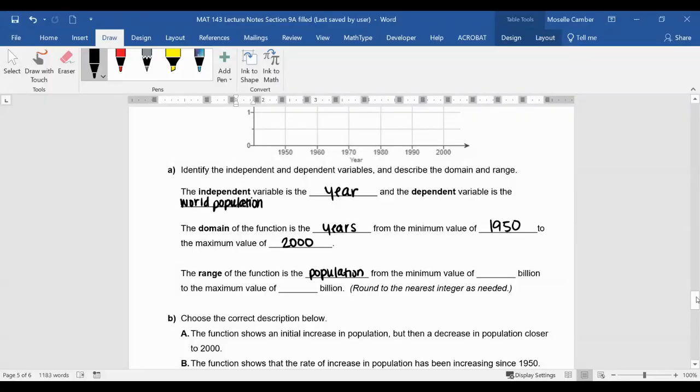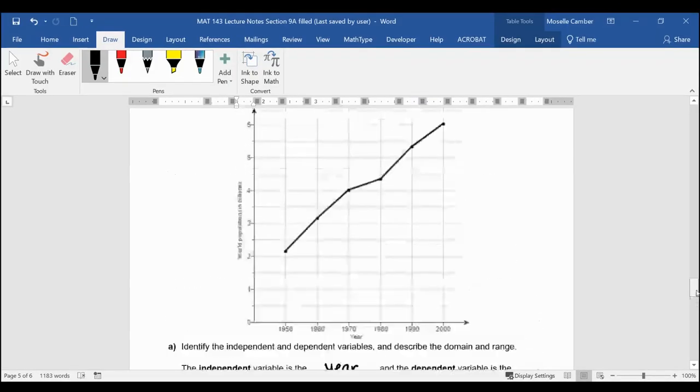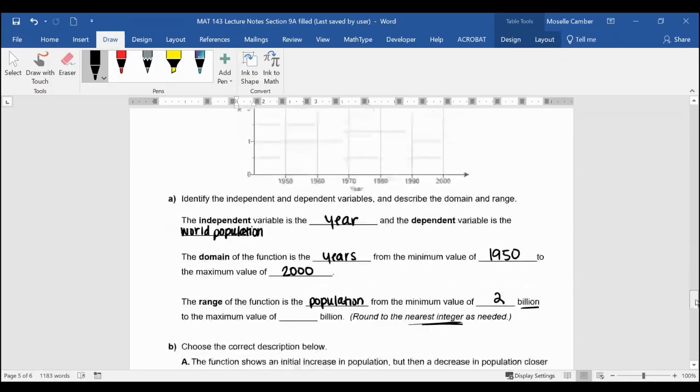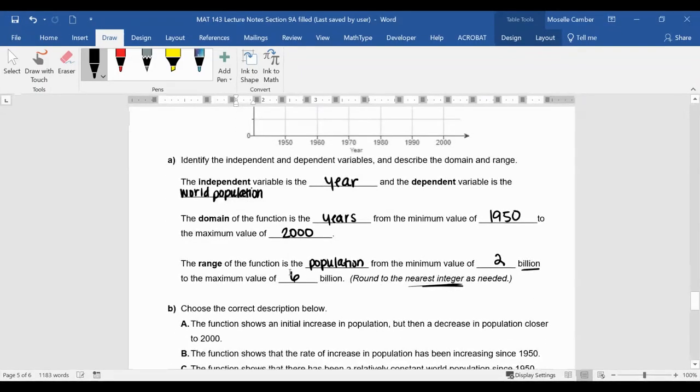Again, this is kind of an estimate. Well, it actually says round to the nearest integer, so that is just going to be 2, so 2 billion. And the maximum right up here is just about on the 6 billion line. So between 1950 and 2000, the population was always between 2 billion and 6 billion people.